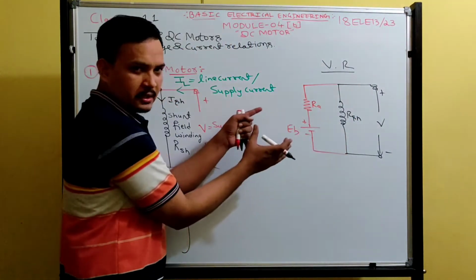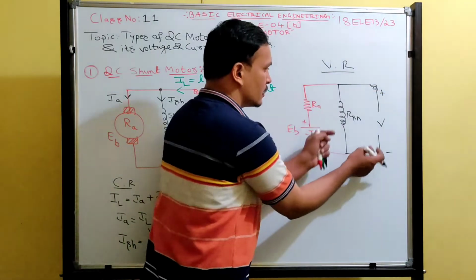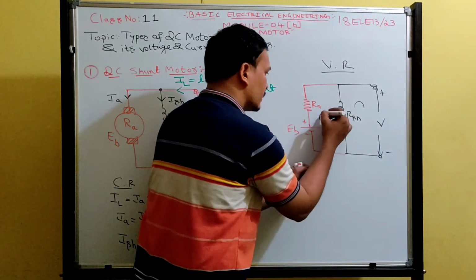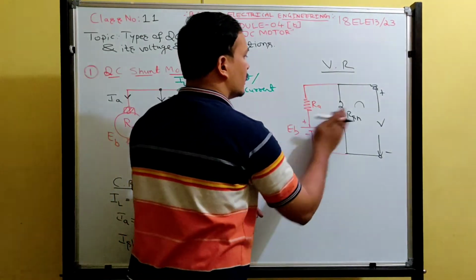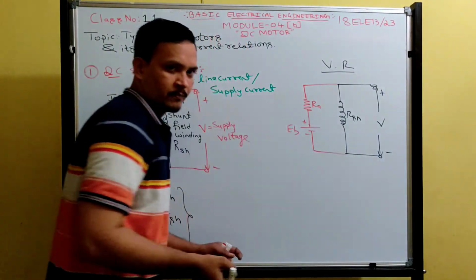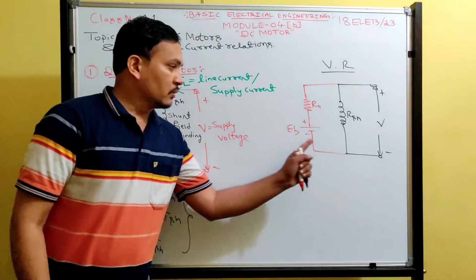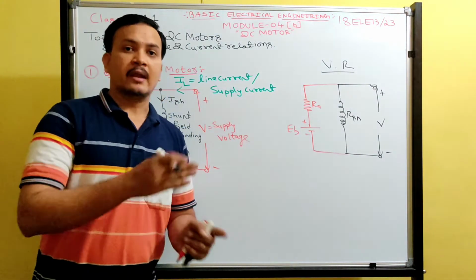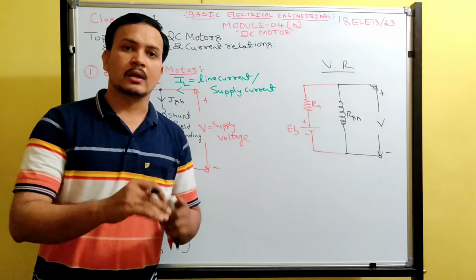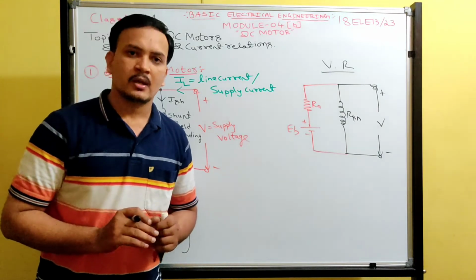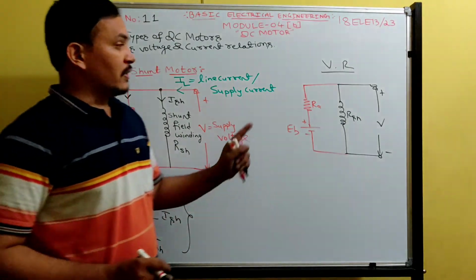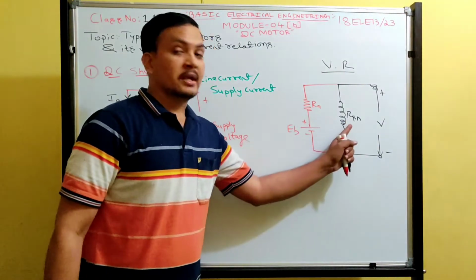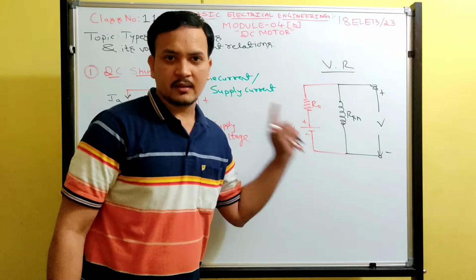Whenever I connect this to the supply voltage, one loop is formed here and one loop here. Don't apply KVL to these two loops, because you will get two simultaneous equations, and rearranging them you will get one exact voltage relation, but that is time consuming. So while writing the voltage relation, don't consider the shunt field winding.